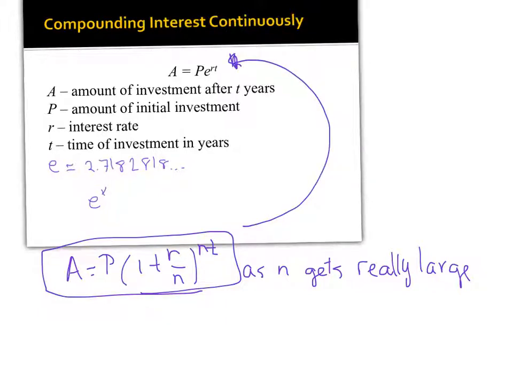And so we say in calculus, you'll learn that as n goes to infinity, P times 1 plus R over N to the NT basically starts looking like P times E to the RT.